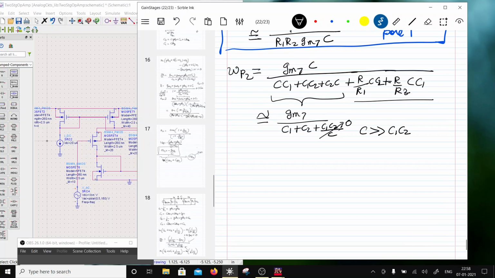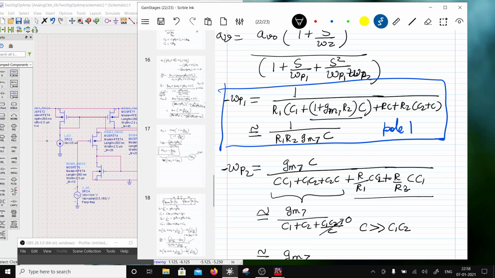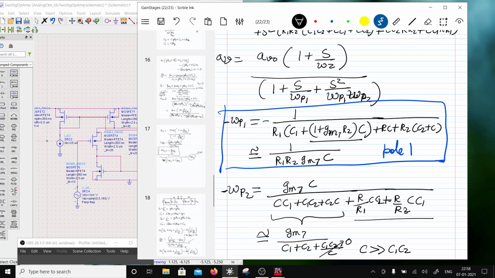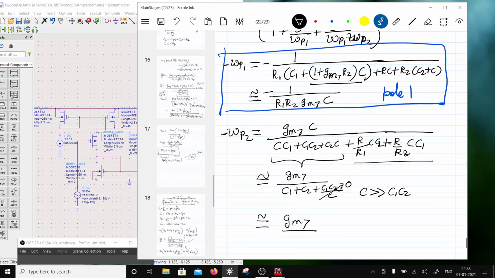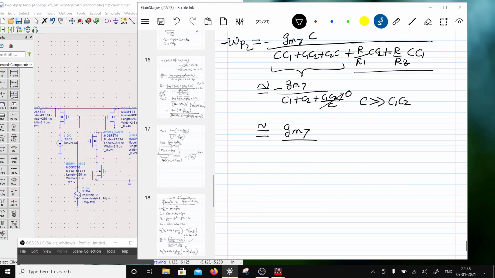So this would be approximately equal to gm7. I am forgetting one thing, this is minus, so this is on the left hand side. Okay, so that's why I have to put here minus. So this will be minus gm7 by C1 plus C2. Okay, so this is going to be omega p2.